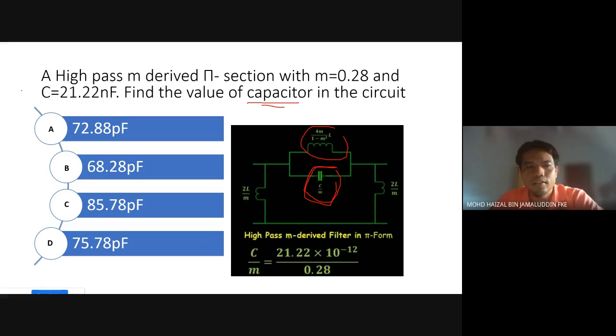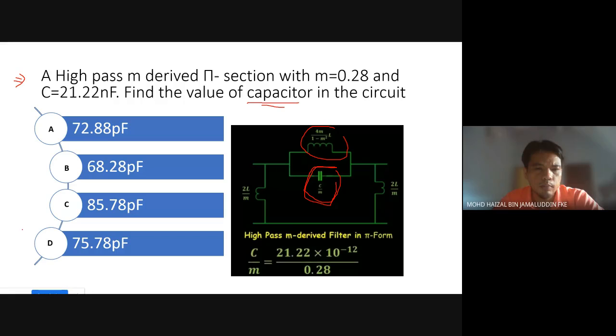But in order to answer the question, you need to know the circuit form. So this one is the pi section. You sketch it and you know where is the location of the only capacitor in the high pass m-derived pi section.